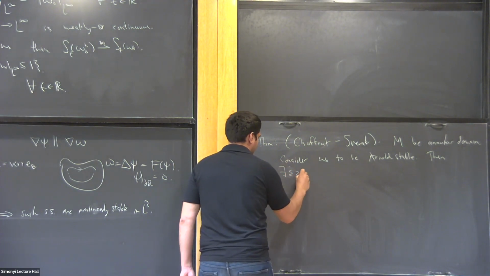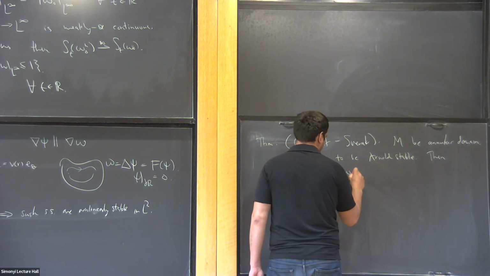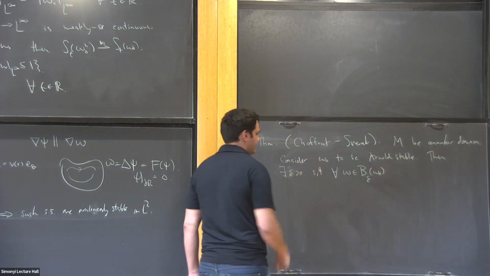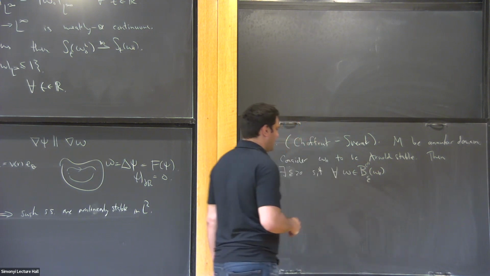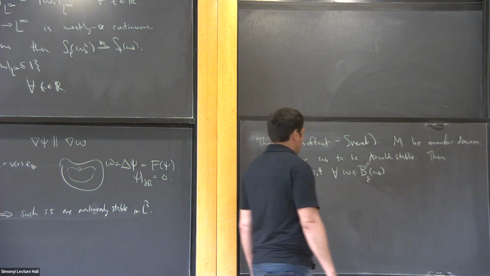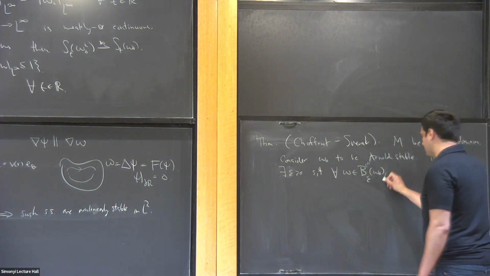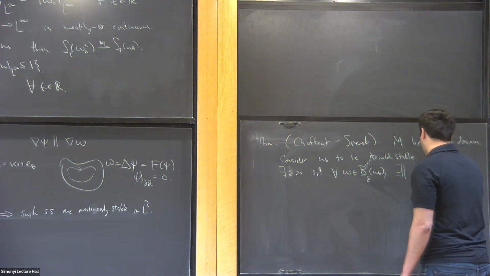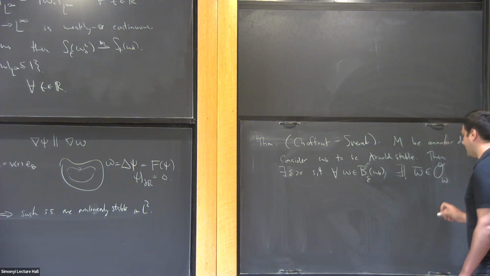there's an epsilon such that for all omega which are in a ball of radius epsilon around this steady state, and this ball, I think, can be in like C^1,1 or something like that, so in some topology, for all such vorticity functions in a ball around the steady state, there exists a unique new steady state, let's call it omega bar, which lies on the orbit of omega in the group of area preserving diffeomorphisms.